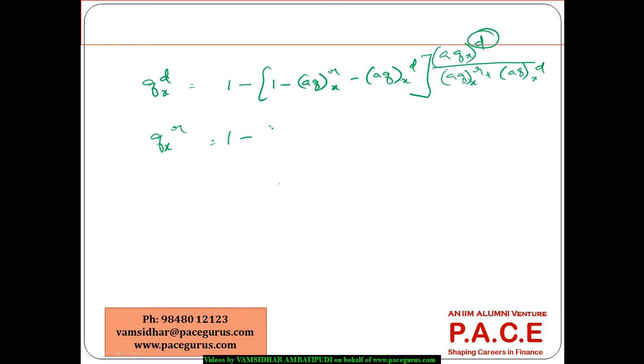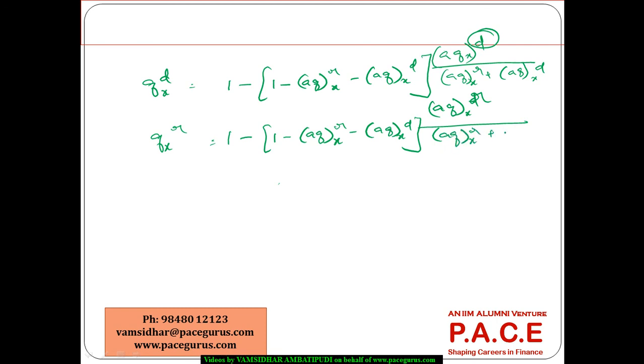So qx of R becomes 1 minus (1 minus aqx of R minus aqx of D) to the power of aqx of R divided by (aqx of R plus aqx of D). So this will be the kind of relationship expressions that are there in a multi-decrement table.